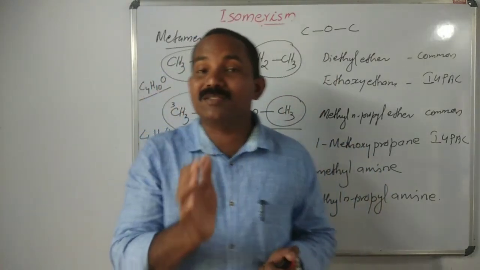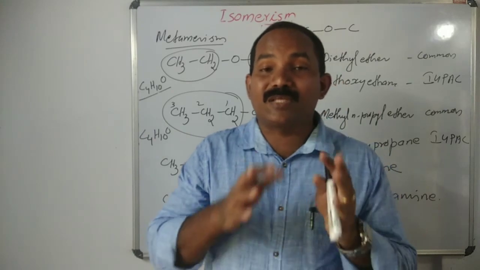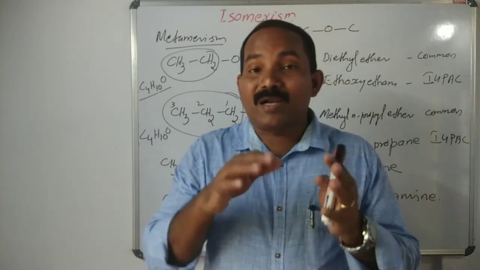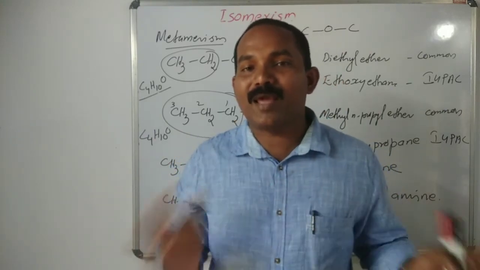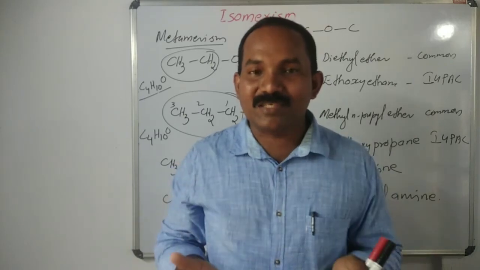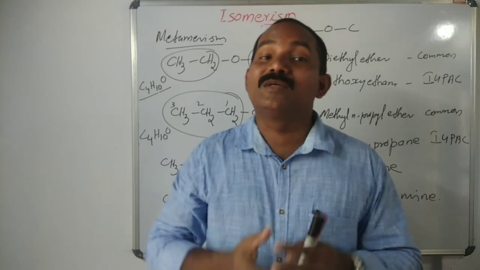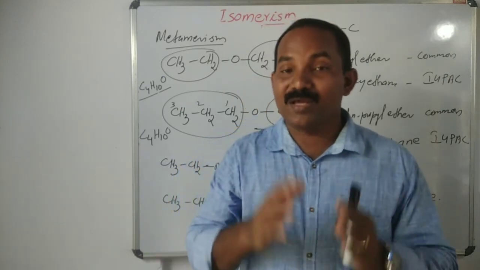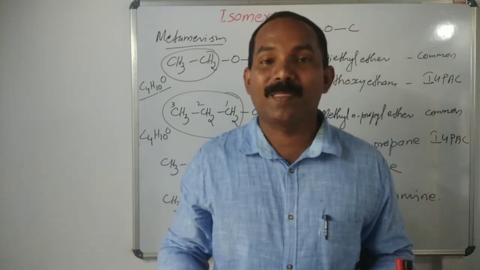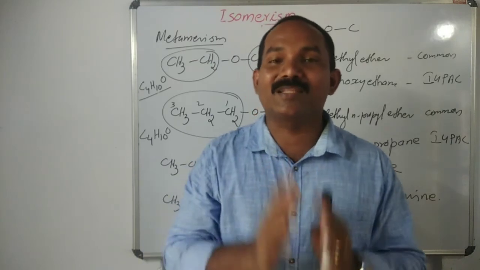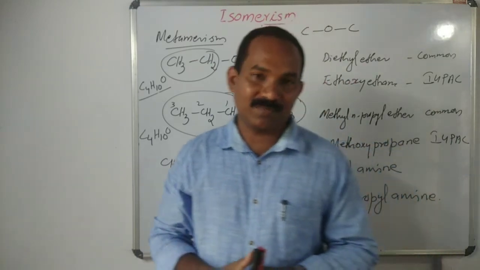You understand the concept. Compounds that have the same molecular formula but different alkyl or aryl groups attached on either side of the same functional group are called metamers, and the isomerism is called metamerism.